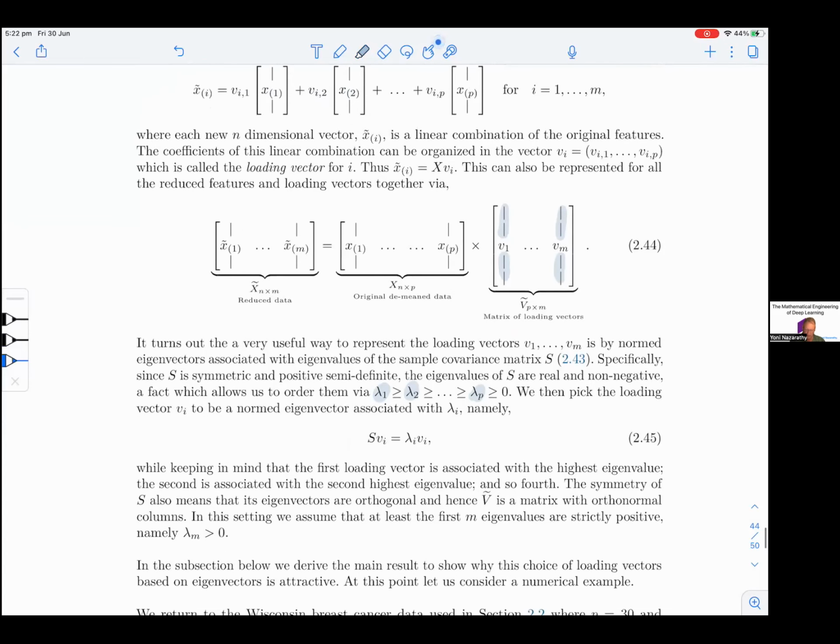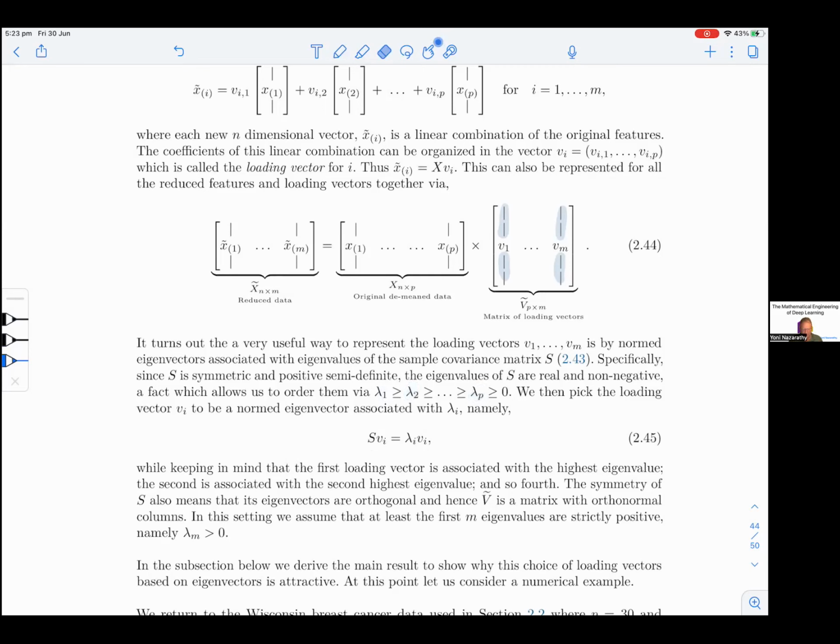So if lambda i is an eigenvalue, then v i is an eigenvector associated with that eigenvalue, keeping in mind that the first loading vector is associated with the highest eigenvalue. Just remember that for every eigenvalue, you have many eigenvectors, all the vectors that satisfy this. So we choose a normed one, the one that has L2 norm 1. The second is associated with the second highest eigenvalue, and so forth.